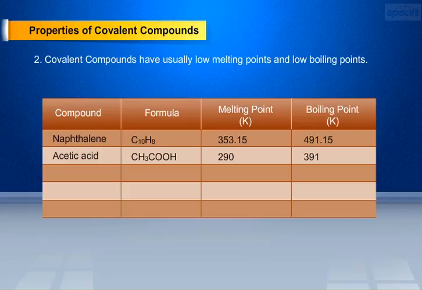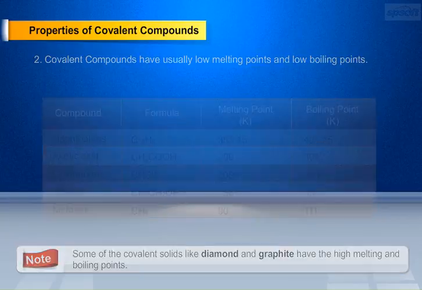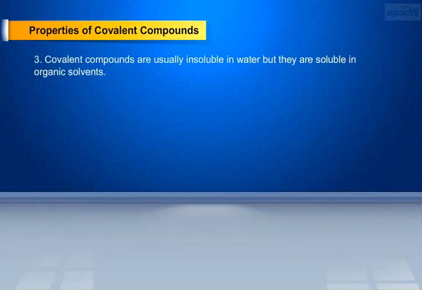Methane, CH4, has a melting point of 90 kelvins and a boiling point of 111 kelvins respectively. We should note that some covalent solid compounds like diamond and graphite have high melting and boiling points. Covalent compounds are usually insoluble in water, but they are soluble in organic solvents.